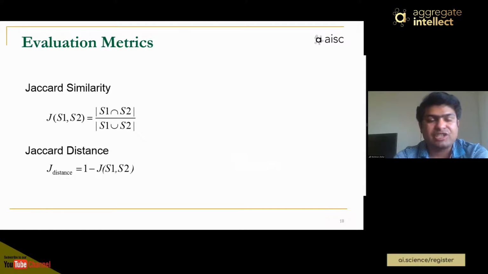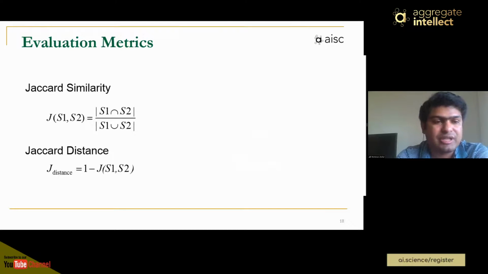So these are the evaluation metrics that we use. One is the Jaccard similarity. The purpose of using Jaccard similarity is that we want to look at how many attributes are in common when we are executing these algorithms 10 times. So in each execution iteration, how many attributes were the same for the same instance, and how many were different.